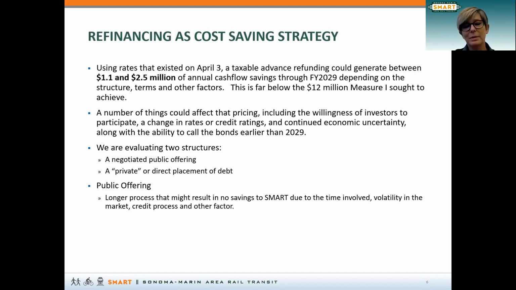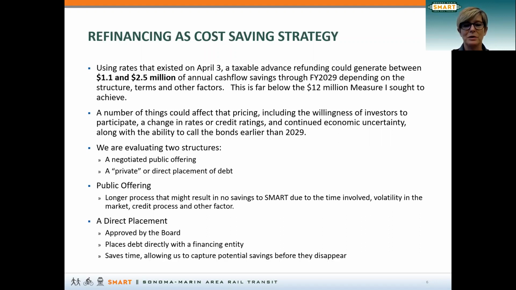It's a little bit of a longer process, and we're worried that it wouldn't equal the savings that we were hoping to get through a direct placement, which is something that goes through the board. It's done through an RFP process.